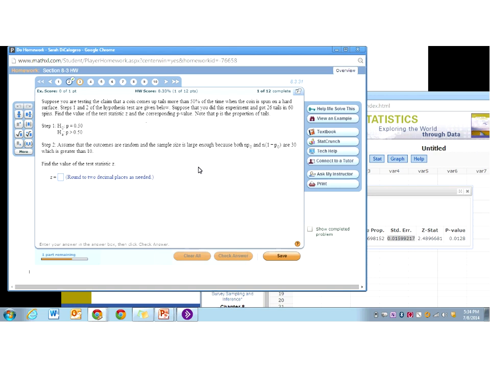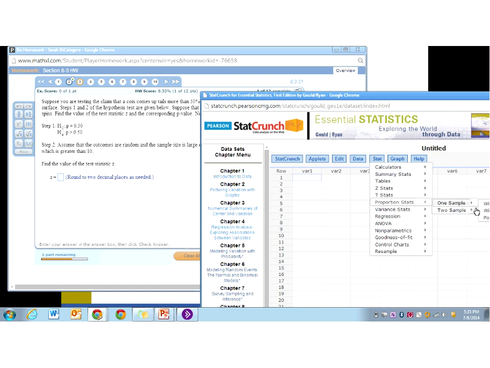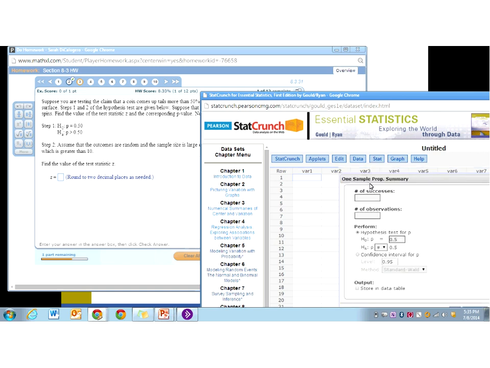Okay. So we're testing the claim that tails comes up more than 50% of the time. All right, so this is the proportion of tails, got 26 tails. So we assume they're random, that the sample sizes are okay. We go back, stat, proportion, one sample with data.